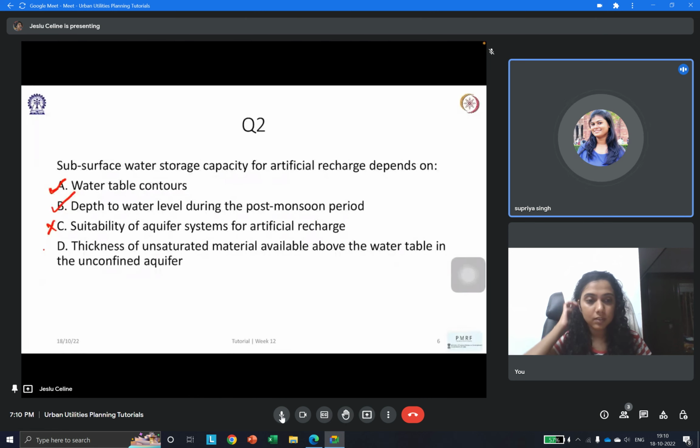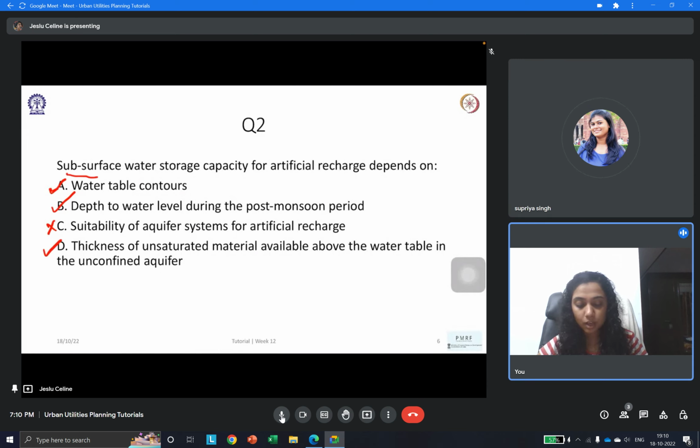Because this is for subsurface. Exactly. So here we are talking about subsurface water storage capacity. So for that, the suitability of the aquifer, we don't have to worry about it. Correct. And all the other factors depend, like depth of water level and thickness of unsaturated material. So why thickness of unsaturated material?